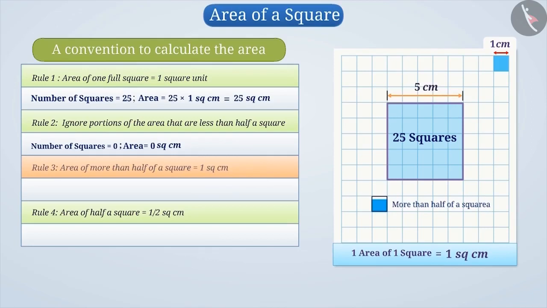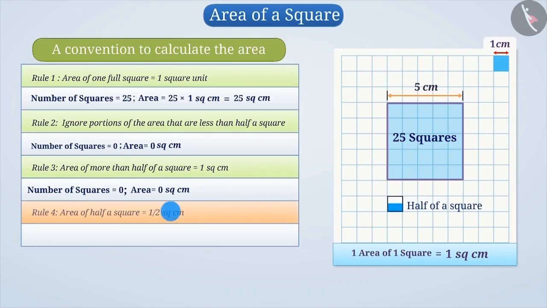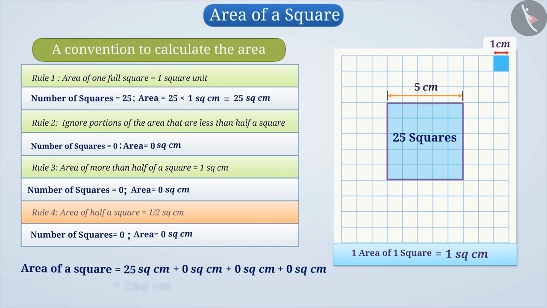We don't see such squares here. Rule 4. If exactly half the square is counted, take its area as half square centimeter. We don't have half squares here. With this, we conclude the total area of the square to be 25 square centimeter.